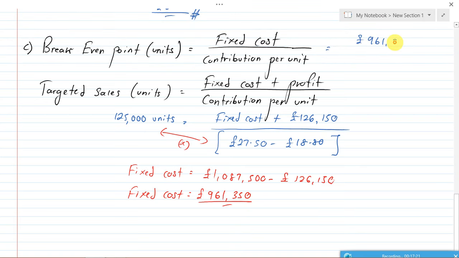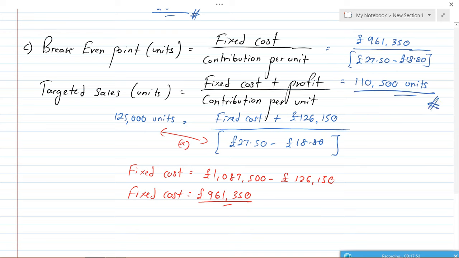Divide with the same contribution per unit, which is selling price minus what? Variable cost. Which will give you 110,500 units. That's going to be our final answer. Okay, get it guys? So that's it. With this we are done on the part C. We are done.